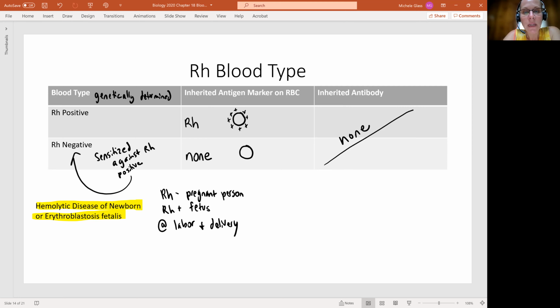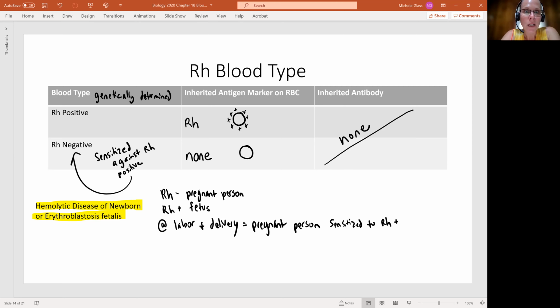And so what can happen at labor and delivery is the pregnant person, the parent, can be sensitized to the Rh positive. So what we see is some of those fetal blood cells enter the circulation of the pregnant person and circulate through their body.